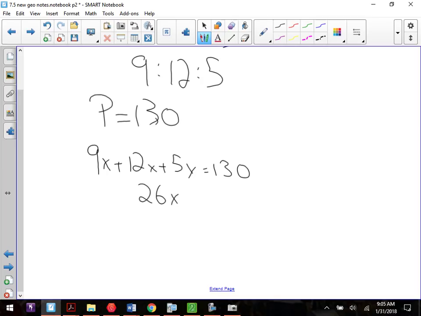Yeah. 5. Which gives you sides of 45, 60, and 25. I guess you would have known right away if you did a 15 and you substitute back in. You'd know if you had a much larger side than you probably should have. Probably should have caught that.